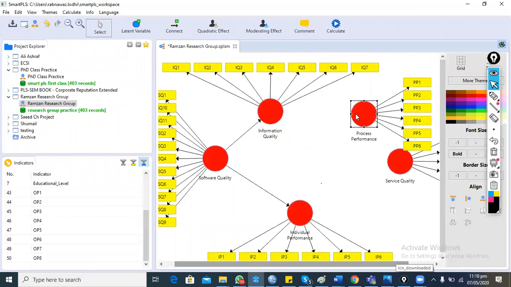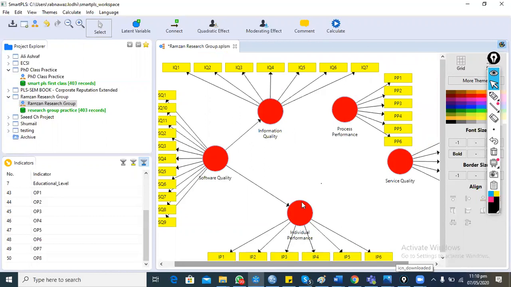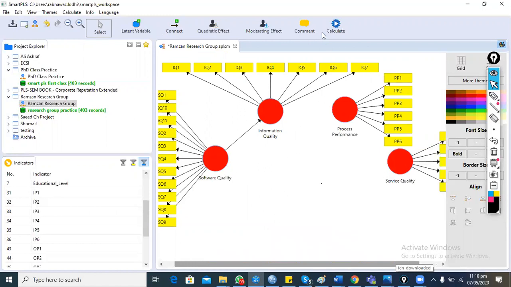So now, if I could remove this variable, now we have two mediators: information quality, process performance, and this is the dependent variable. So I can put the direct relation here, and I can also test the relation of software quality on process performance. So this is the case of serial mediation.